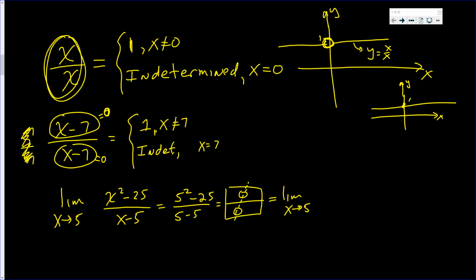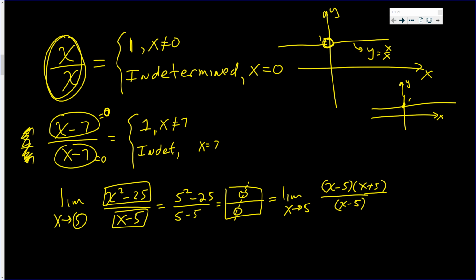Now, the top and the denominator are polynomials. If 5 made the top 0, that means x minus 5 must be a factor. This is from pre-calculus. The other factor happens to be x plus 5. In the bottom, since 5 made it equal to 0, one of the factors must be x minus 5.